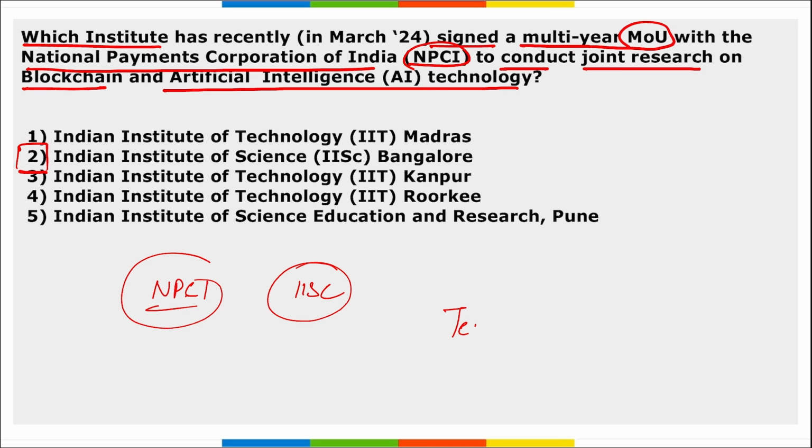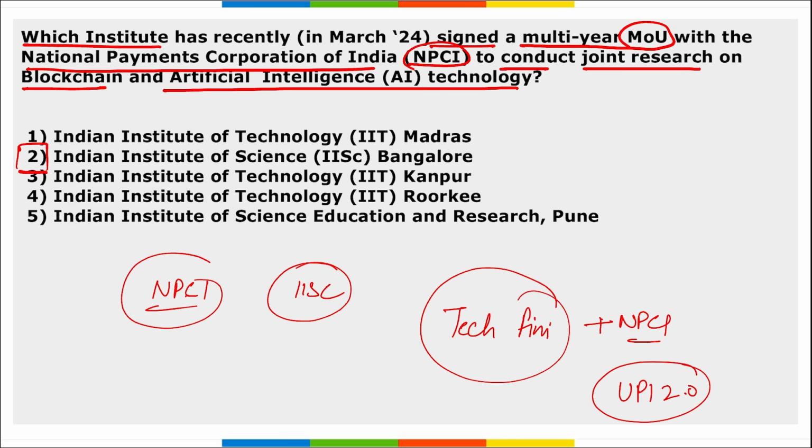Also remember, TechFini. This is a Mumbai-based fintech firm that is specialized in building payment infrastructure solutions for organizations, and they have recently partnered with NPCI to offer UPI 2.0, right? Basically to provide a better payment system framework for the organizations.